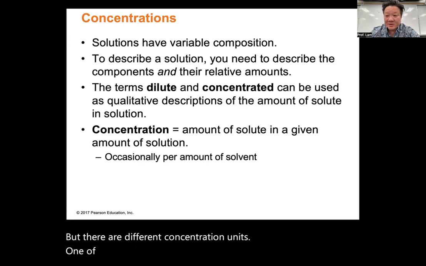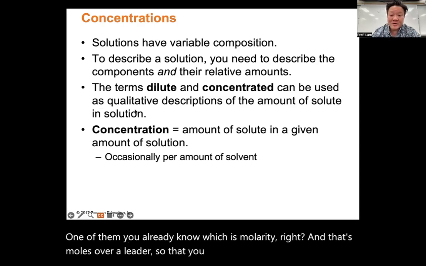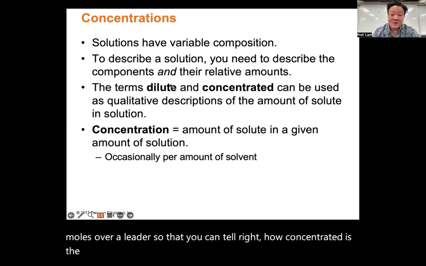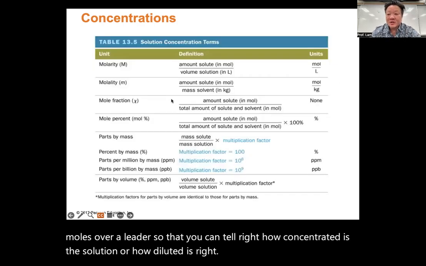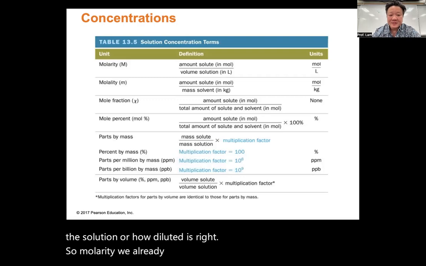One of them you already know, which is molarity, right? And that's moles over liter. So that you can tell how concentrated the solution is or how dilute it is. So molarity, we already know. That's in this table, the top one, okay?